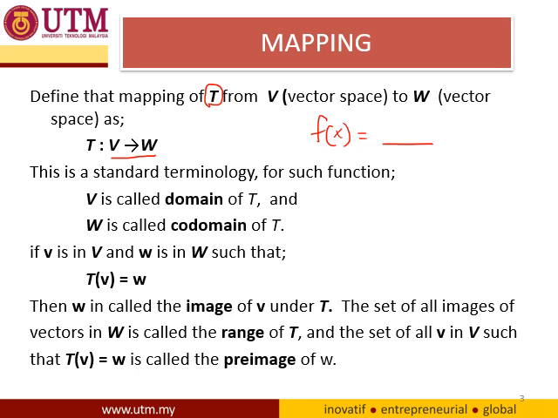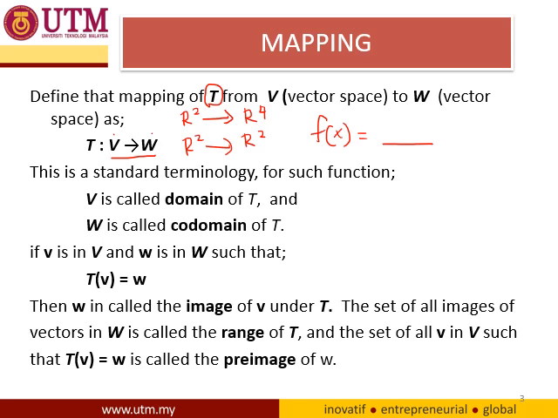It is the same as here, but this is a transformation from vector space V to vector space W. Let's say R2 transforms to R4, or maybe R2 transforms to still R2. It doesn't matter, but it is a transformation from vector space V to vector space W.